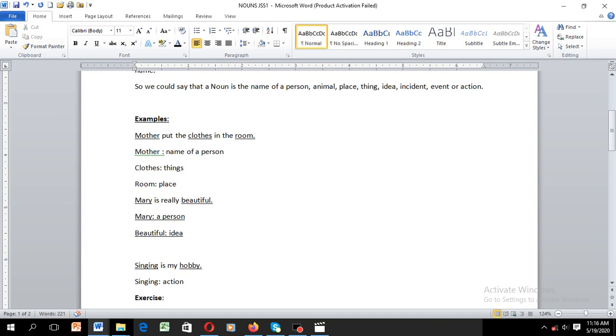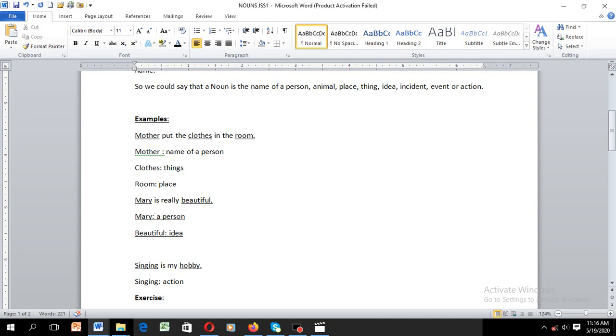I know you might want to ask the question, why is singing an action? I thought singing should be a verb. In this context, you're not actually singing, if you get my meaning. You say a verb is an action word or a doing word. Yes, it means that you're actually doing that thing at that point in time, or you've done that thing, or you're going to do that thing.